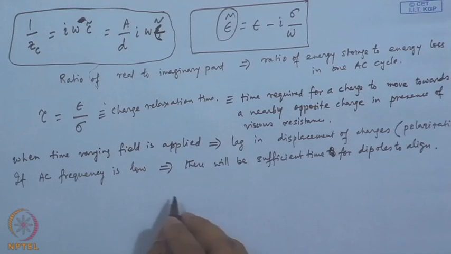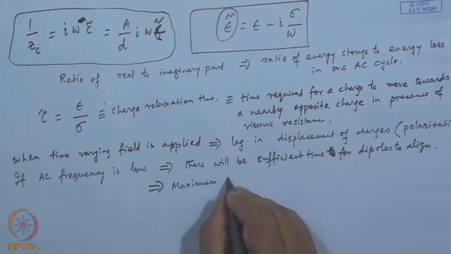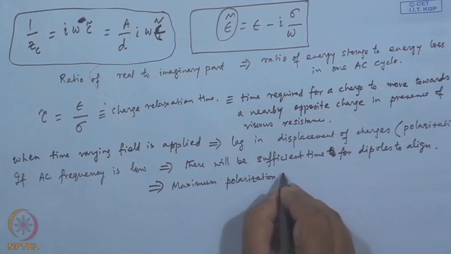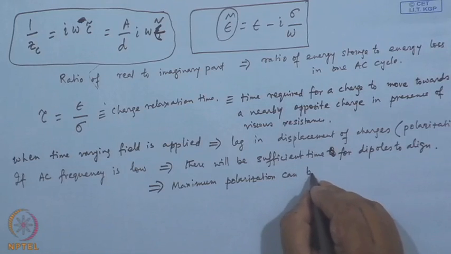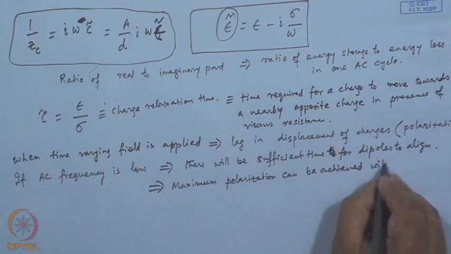So, this implies maximum polarization can be achieved with highest permittivity.